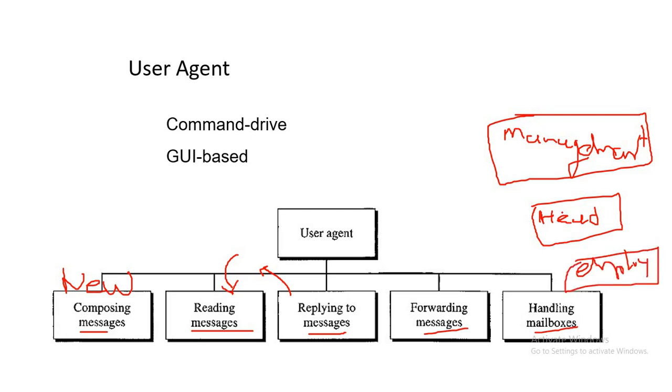Get it? So if any instruction arrives from the management side, the head of department will forward this instruction to the other employees. So this thing is known as forwarding the message or forwarding email.